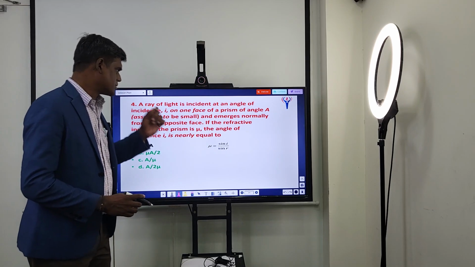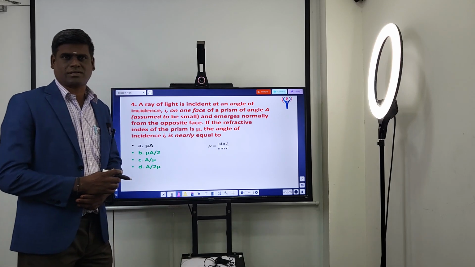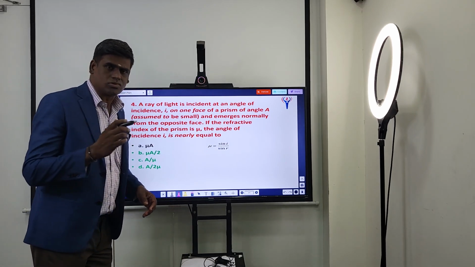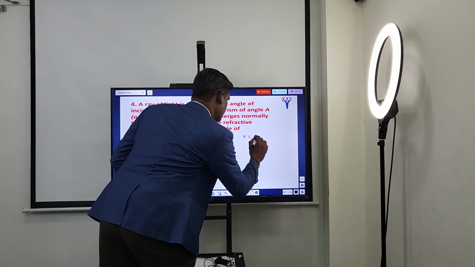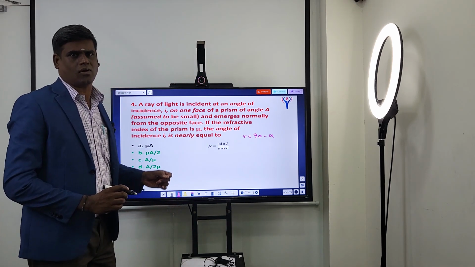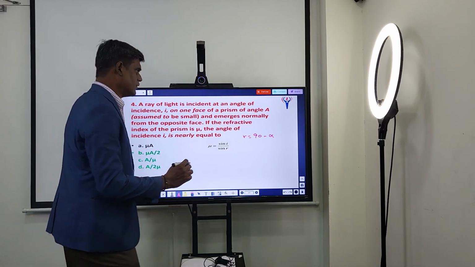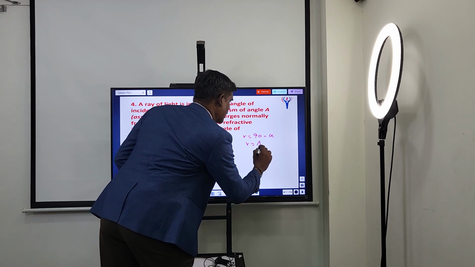Mu equals sin i by sin r, where r is the angle of refraction. The angle of refraction we have to express in terms of the emergent ray. That is r equals 90 minus alpha, where alpha is the angle of the emergent ray, and alpha equals 90 minus C. We substitute this, then r equals A.